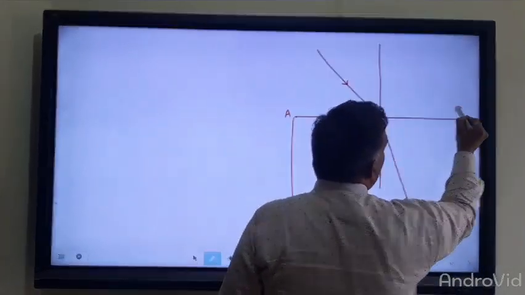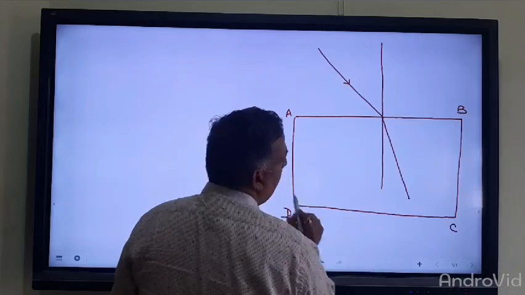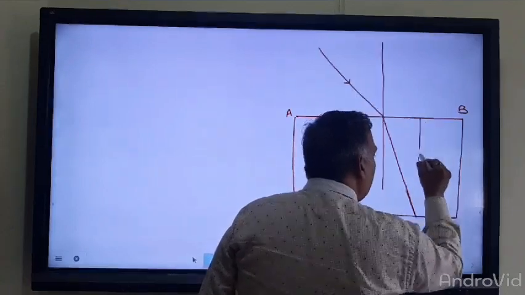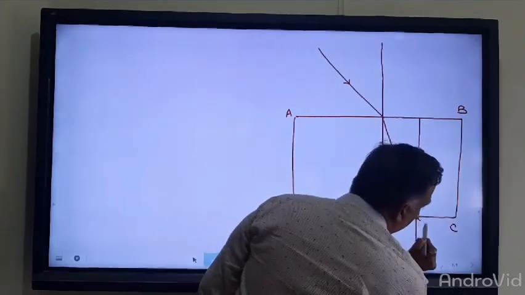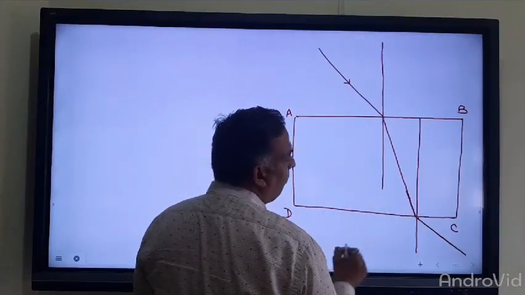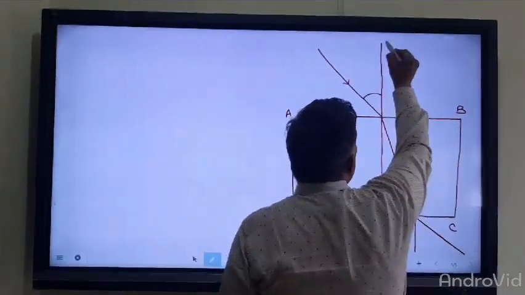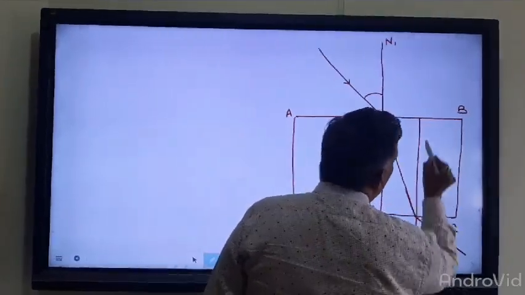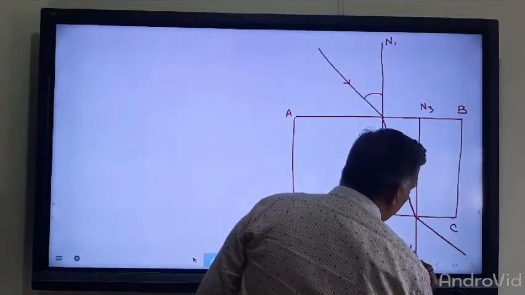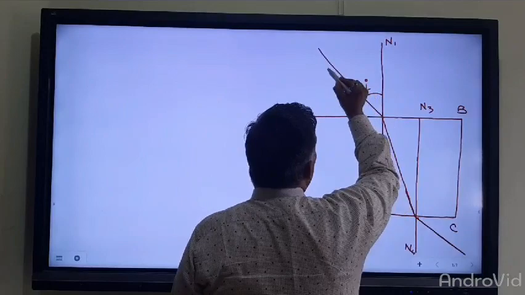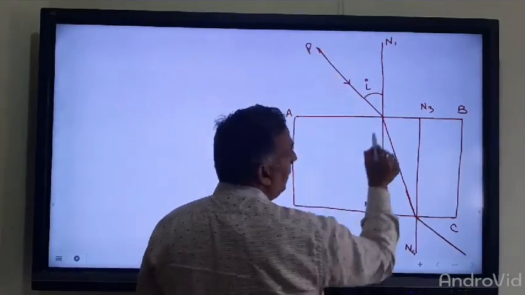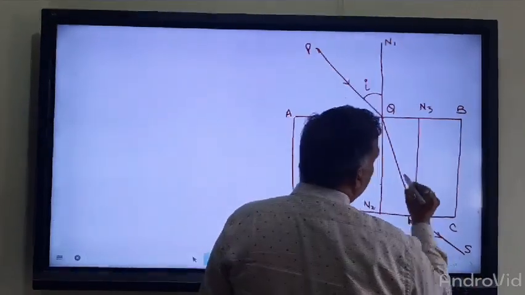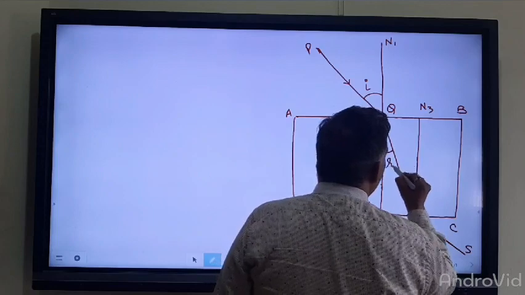It's ABCD, a glass slab, and the ray is striking on the surface, and this is another normal I have drawn. This is the refracted ray from the other surface, and this was normal N1, that's N2, and this is normal N3 and N4, the second normal, and this was the incident angle, and I am naming P, this is Q, this is R, this is S, and this angle is the refracted angle.